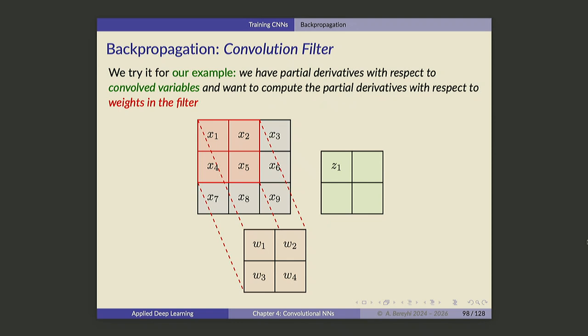Now, let's do it together. Say that I have x, I have z, I do the forward computation, and I get the gradient with respect to z when I was moving backward. I got the gradient with respect to my computation in the convolutional layer. Then I do know the input x. Where did I get x? When did I compute x?